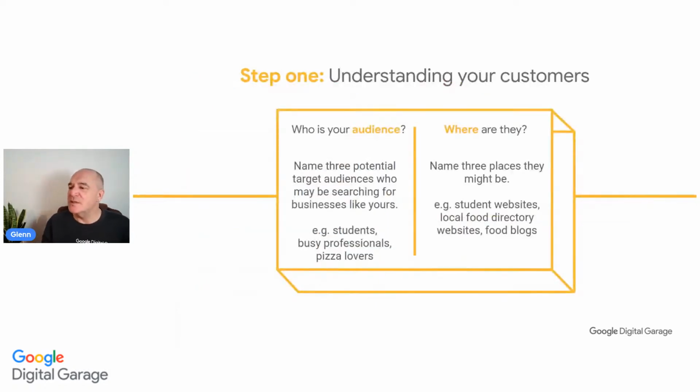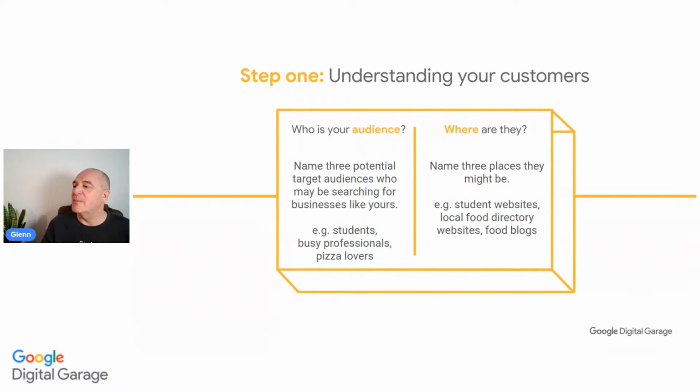So who is our audience? Again, going back to the example that we had. Now Paulie's considering his display options. Then we're back to the students, the busy professionals, and the pizza lovers that we identified earlier on. So that's the same. Now, where are they going to be? This again is where you do a bit of audience research and understand where your audience might be working and what they might be doing.